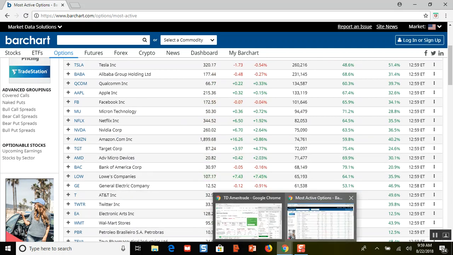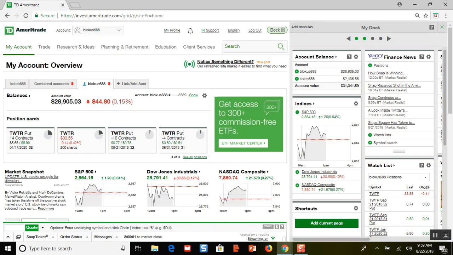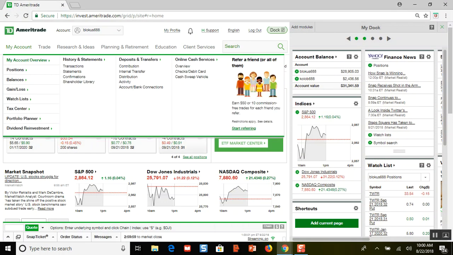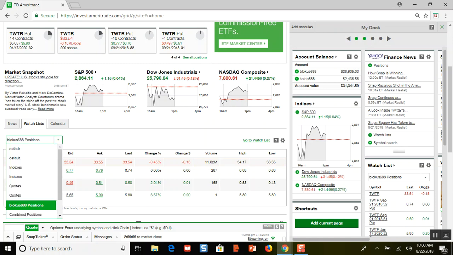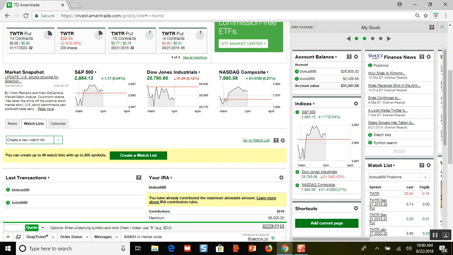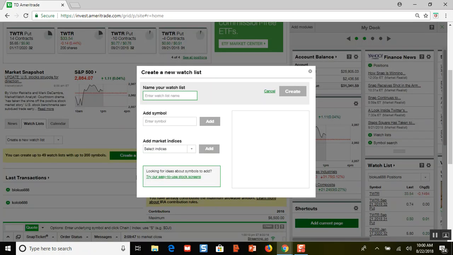And then the second thing you do is you go to your account. I have TD Ameritrade, and I'm going to go down to my watch lists, click on this arrow here, and choose create new watch list. Then I put in a ticker symbol. I'm going to start with Tesla since that was at the top of the list.